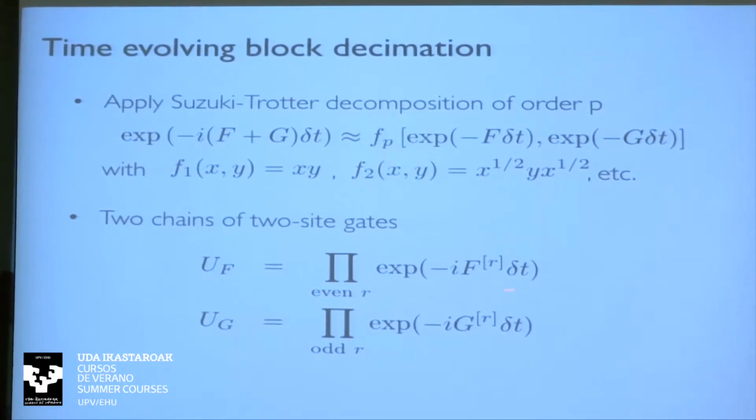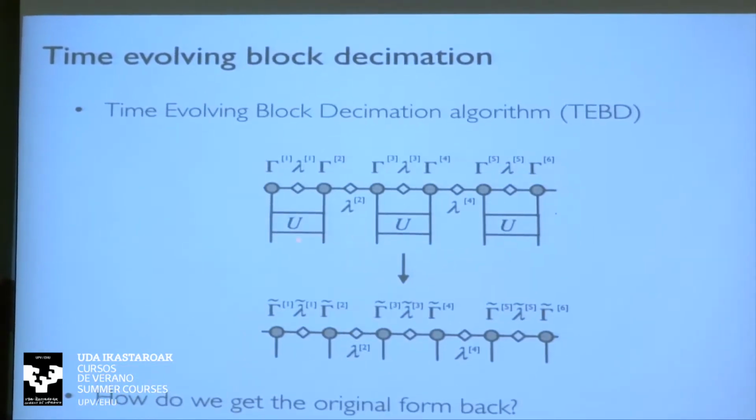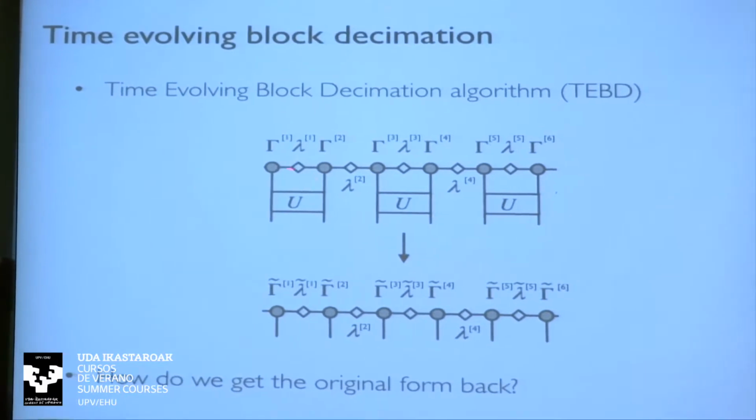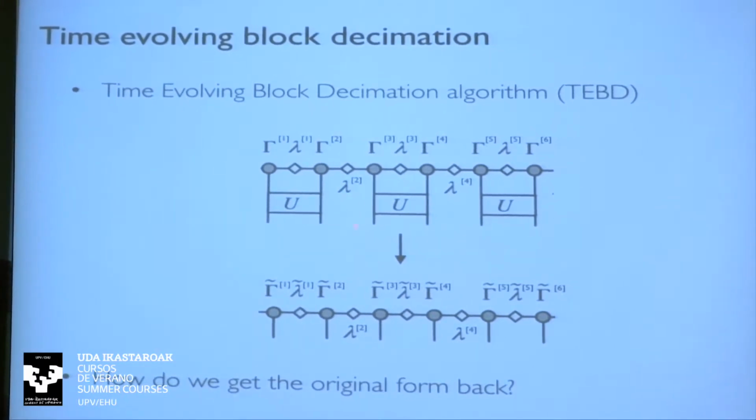This is only acting on the even bonds, and in this graphical notation, this amounts to multiplying these unitaries U to two adjacent matrices here, here, and here, and so on and so forth. And in the next Trotter step, or the second part of the Trotter step, we will then have to do the same on the odd bonds.